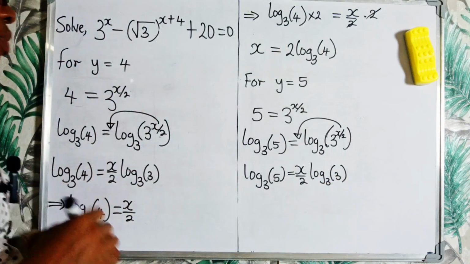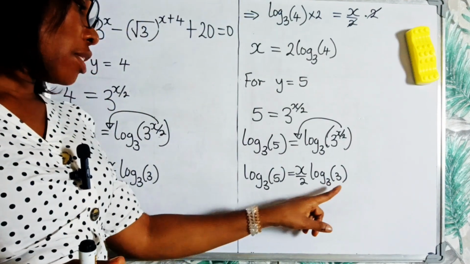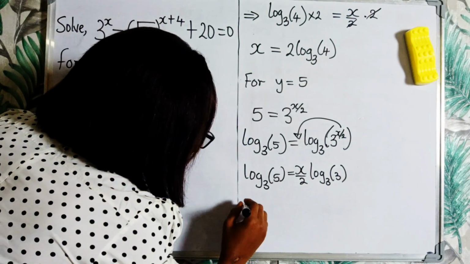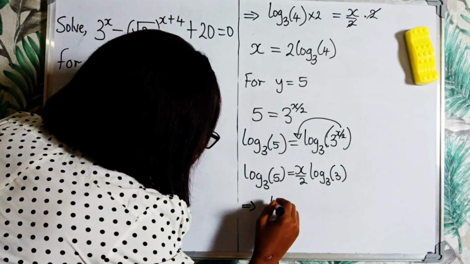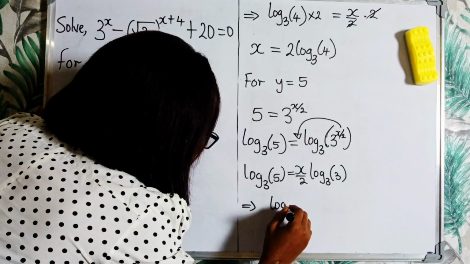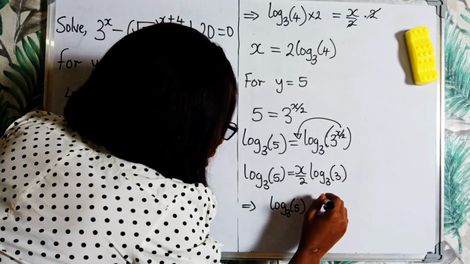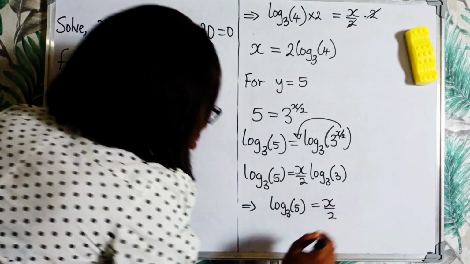When the number in your log is the same as the base, it is equal to 1. So now we have log base 3 of 5 is equal to x over 2.